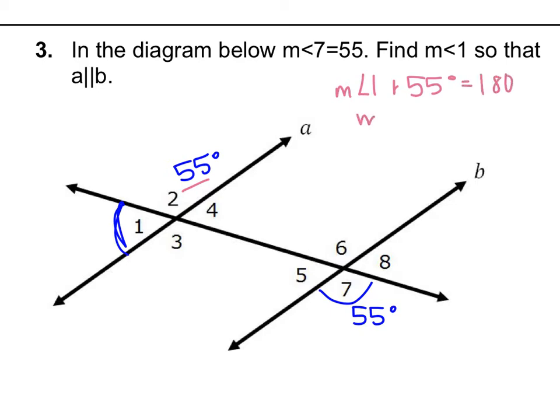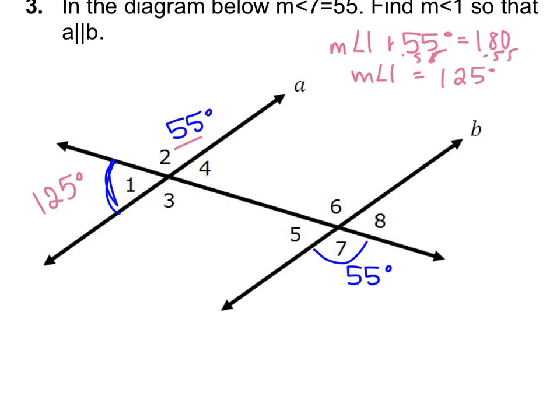Then I know that the measure of angle 1, when I subtract this 55, gives me 125. So measure of angle 1 is going to be 125 degrees. So it's safe to say that 1 and 7 are supplementary. Okay, moving on to number 5.